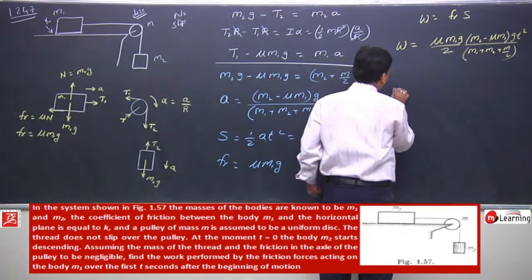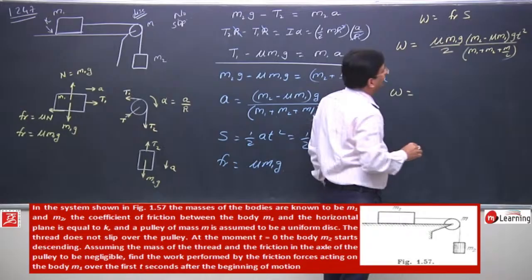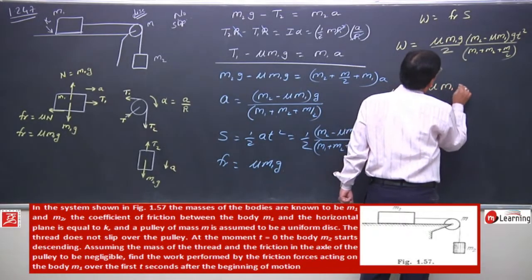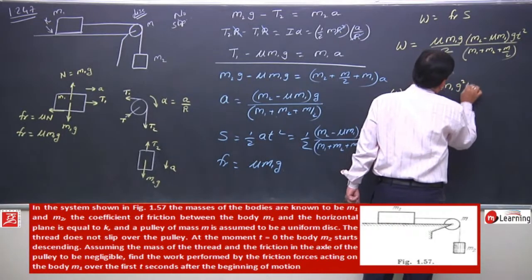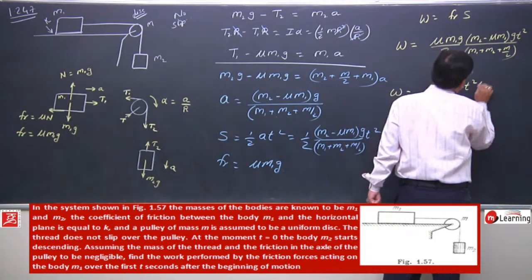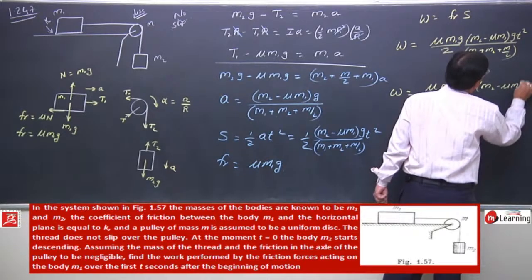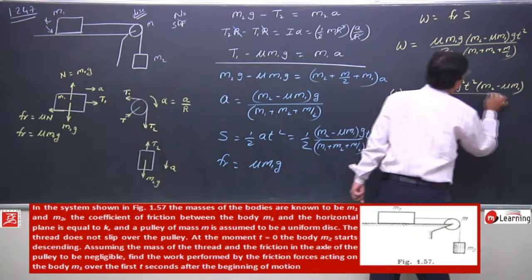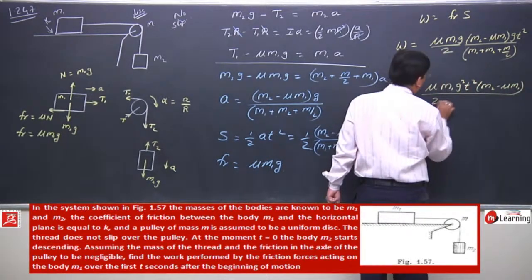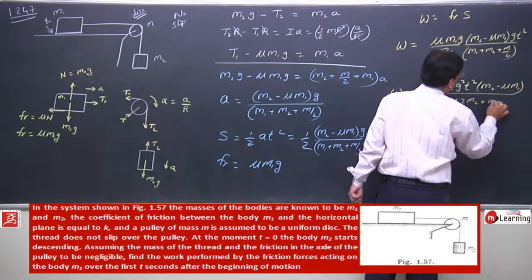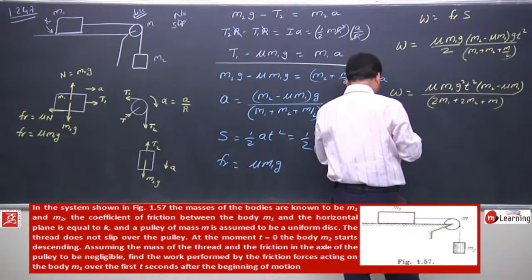Or finally, I will write work done as mu m1 g square t square into m2 minus mu m1 upon twice m1 plus twice m2 plus m.